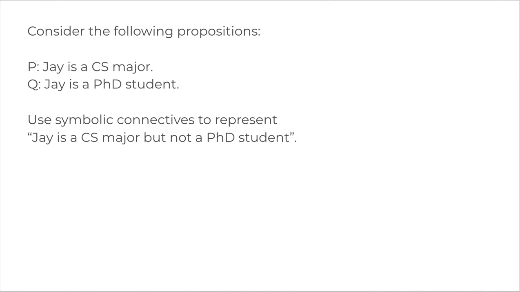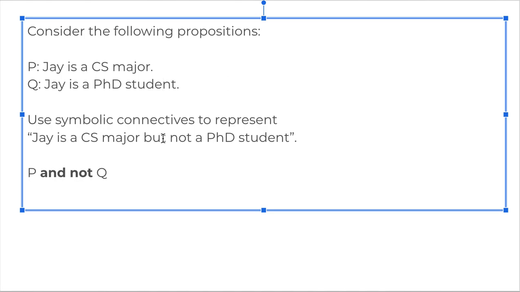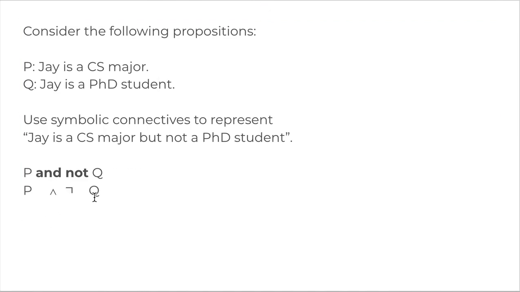So how do we write that? This is P and not Q. Jai is a PhD student is Q, so Jai is not a PhD student is not Q. So we write it as P and not Q, which can be shown symbolically.